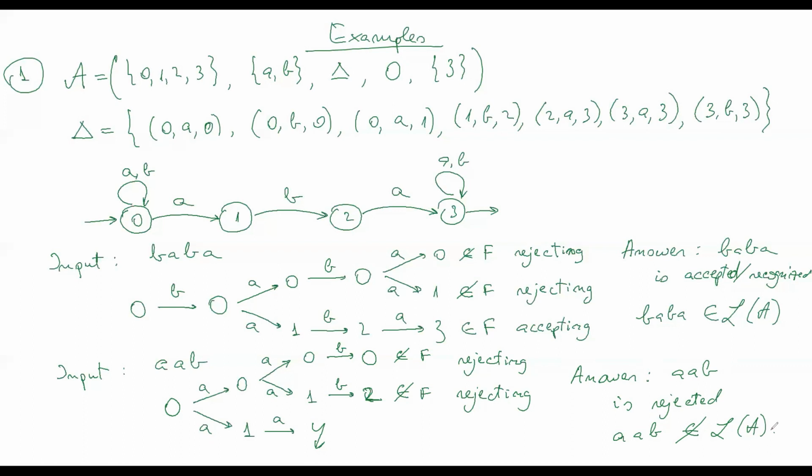And here is another example. I will define the automaton A to be, so this is our second example, A is made of states 0, 1, 2. And we have again a binary alphabet made of letters A, B, and a transition relation that I define in a moment.